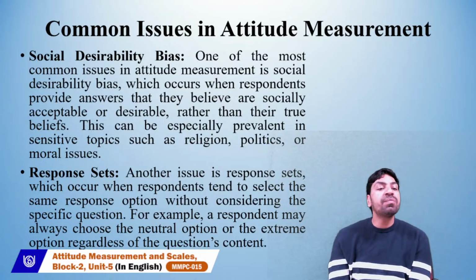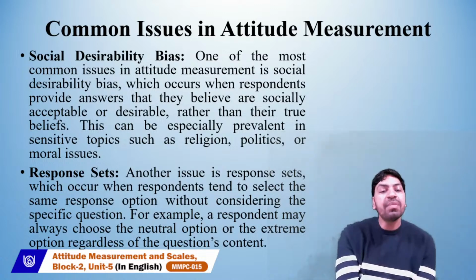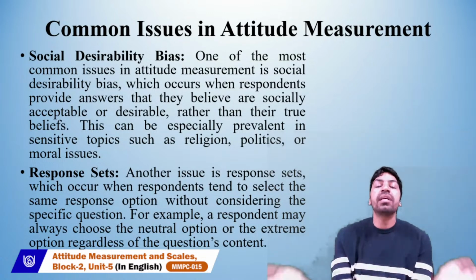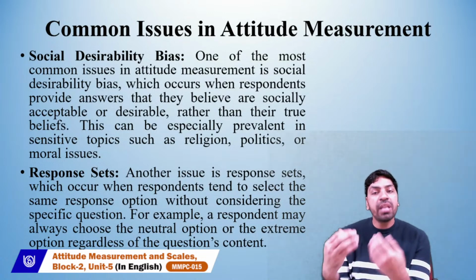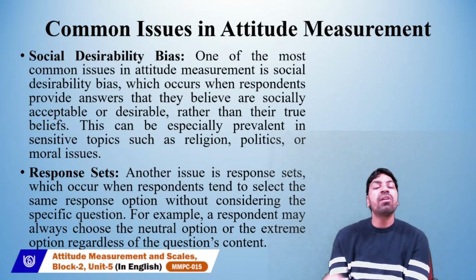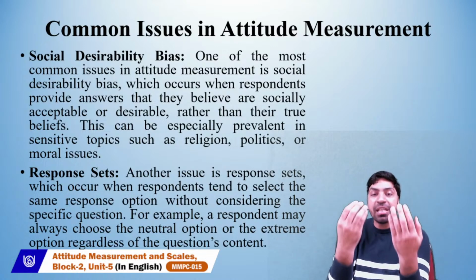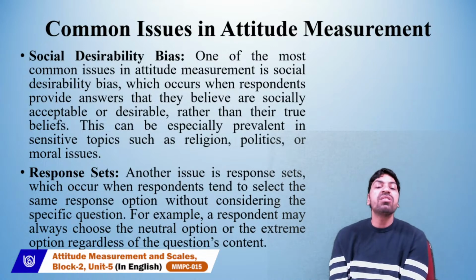Next one is response sets. Another issue is response sets, which occurs when the respondent selects the same response option without considering the specific question. So without reading the question, without properly understanding it, you just respond automatically.